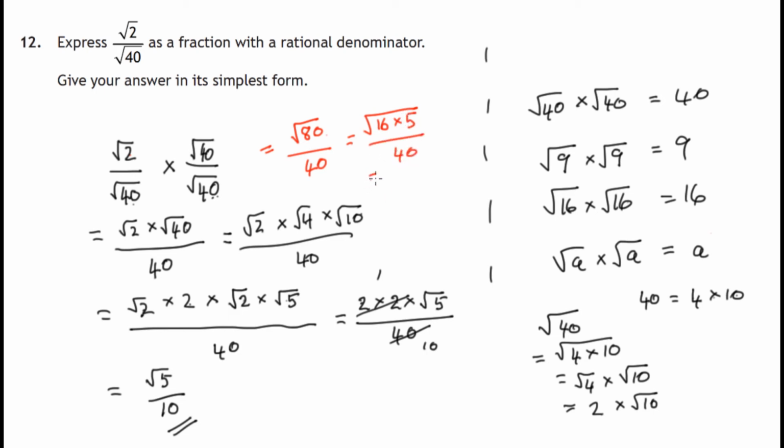And then square root of 16 is 4, so it's 4 times square root of 5 over 40. And then again cancelling by 4 gives us root 5 over 10. It's maybe a slightly trickier way to do it if you're not up on the factors of 80. So root 5 over 10 is the simplest form of this original fraction with a rational denominator.